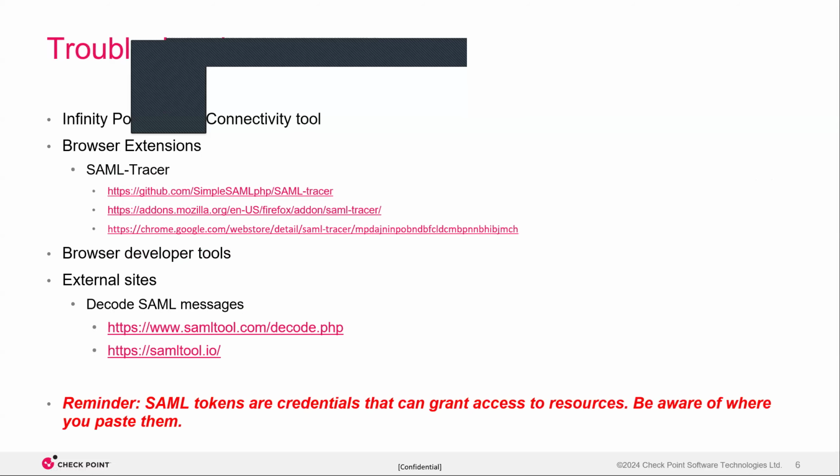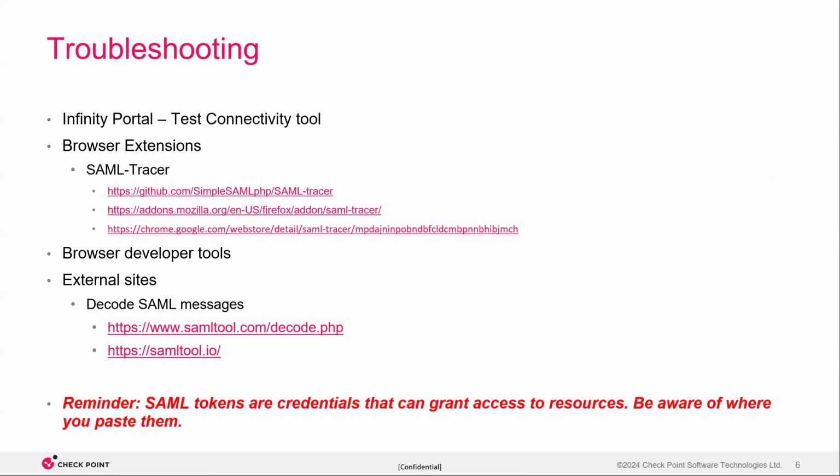So for troubleshooting, there are several options for testing. Most of them are browser based, but there are some add-ons that I found useful. One of them is called SAML Tracer, and this is a browser extension that will capture the URL request, the headers, and present them in a browser window so that you can see exactly what's going on.